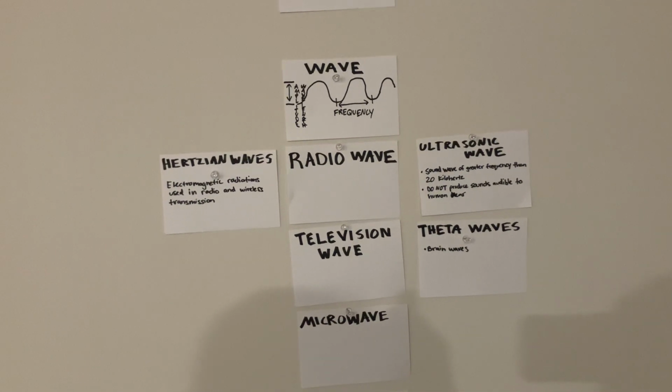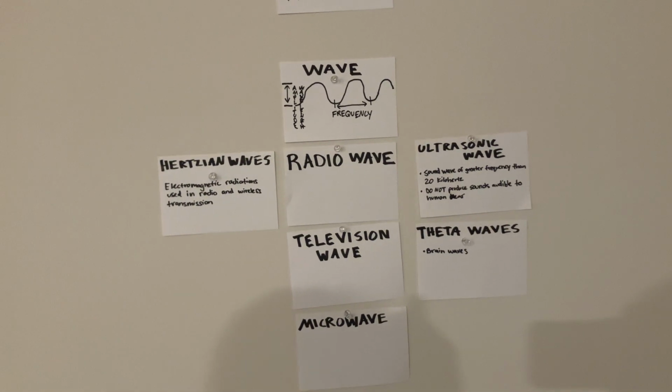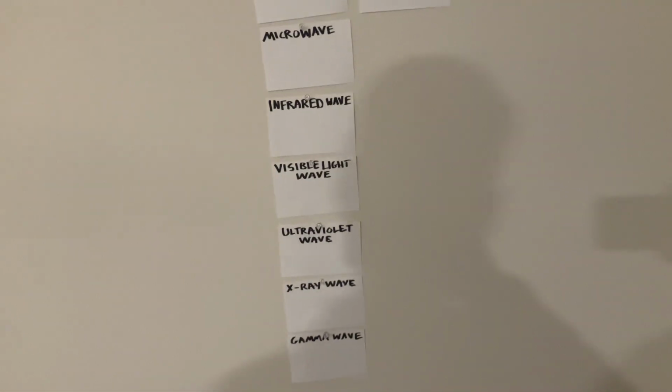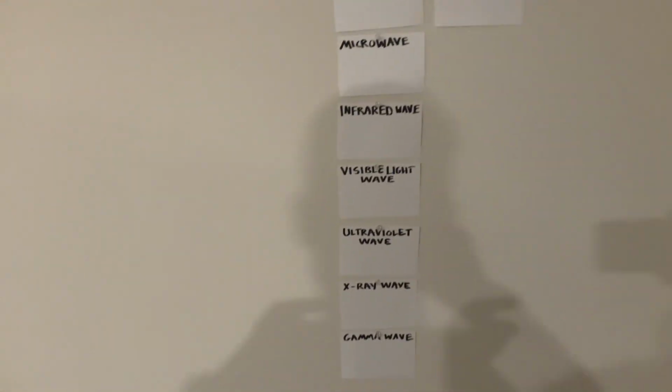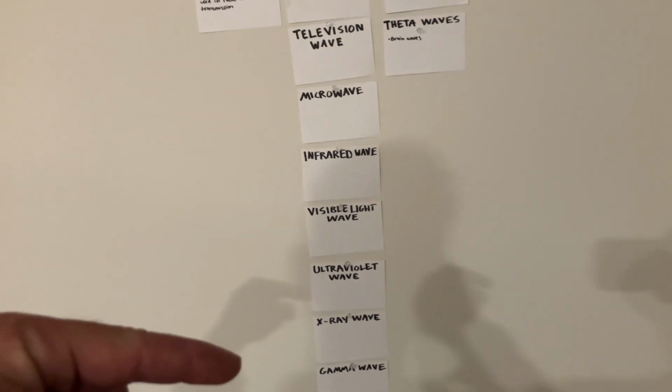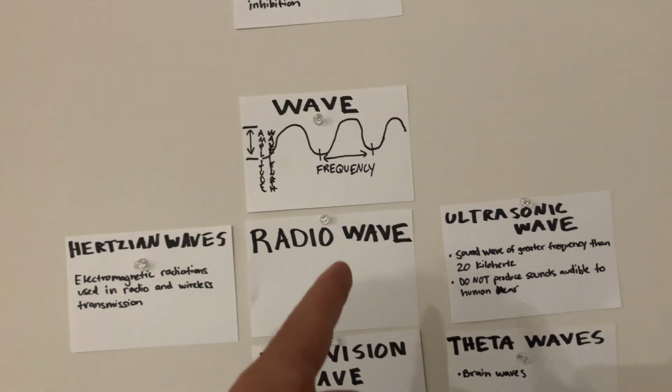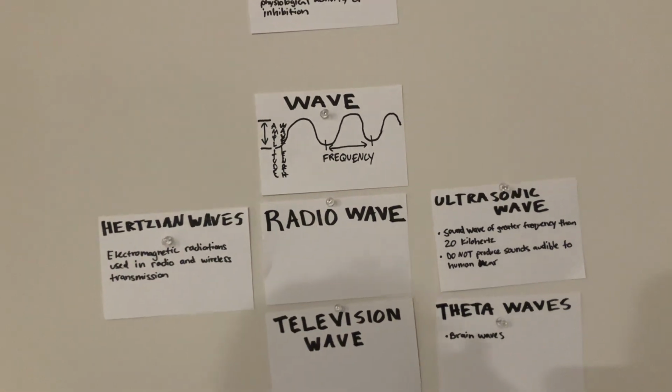These are also termed a form of radiation, which operate on the electromagnetic spectrum, which you can just look up for yourselves. Okay, and it's in this order. Basically, the size of the wavelength, or amplitude it's also called, and the frequency of the wave.